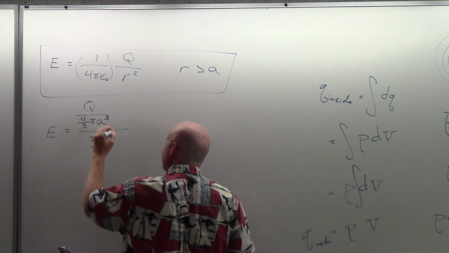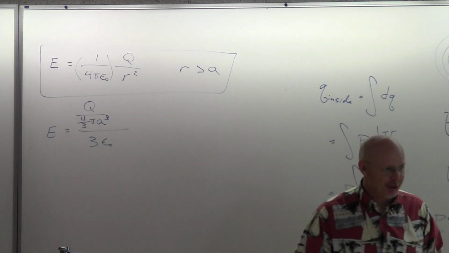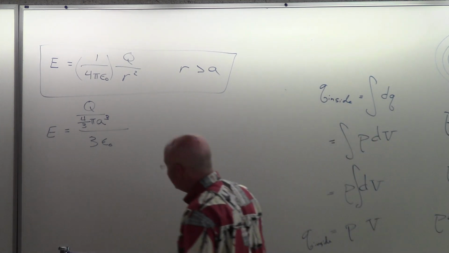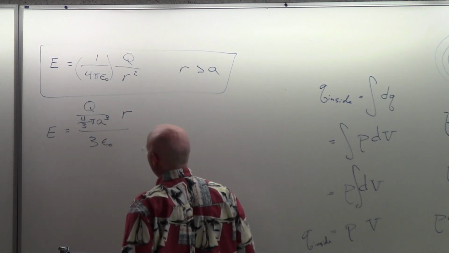Yeah, and this must be the A cubed, right? The density is all the charge over all the volume, not the volume inside the Gaussian surface. Don't mix those. Easy to do, but you're getting better at it, right? And I guess I have an R here.